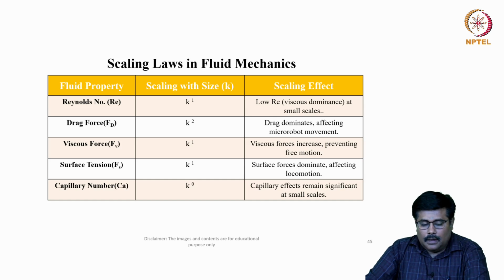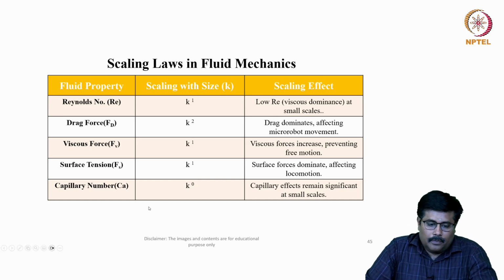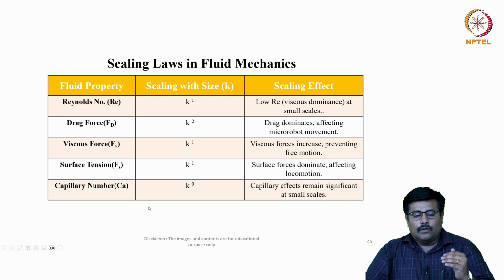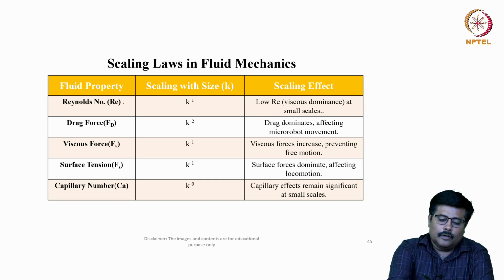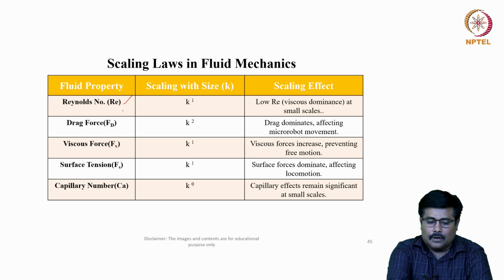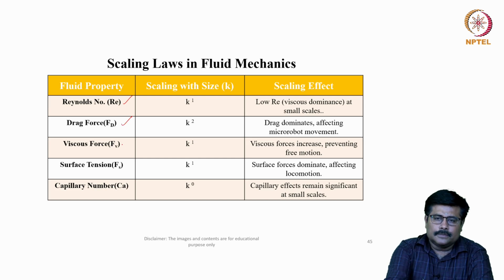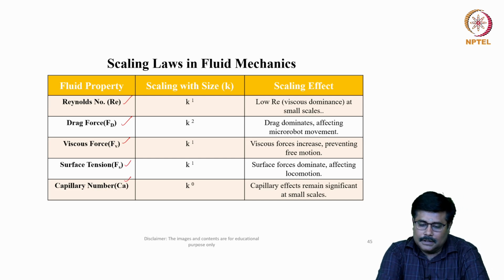Now when we look into the influence of these scaling laws from the fluid mechanics point of view, let us take the different fluid properties. These include the Reynolds number, the drag force, the viscous force represented as Fv, the surface tension represented as Fs, and the capillary number Ca.